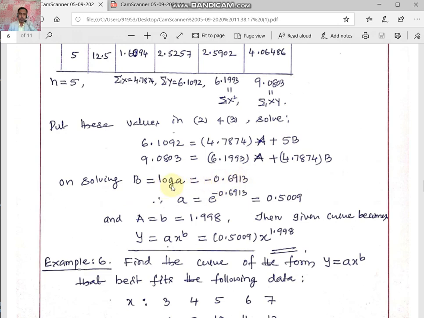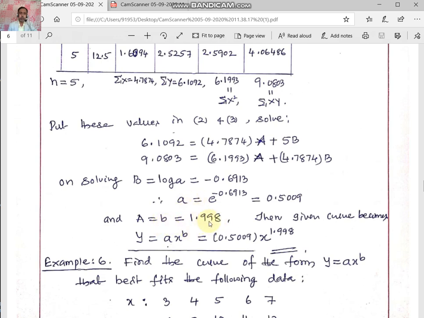Capital B is nothing but log a. So we got the log a value, then the a value we can easily find. a = e to the power minus 0.6913, so it becomes 0.5009. And capital A, which is nothing but b, is 1.998. We got small a and small b.